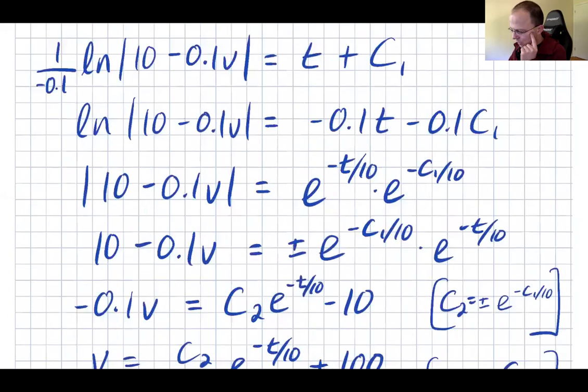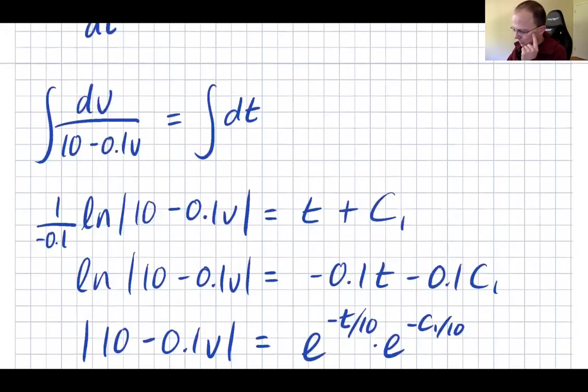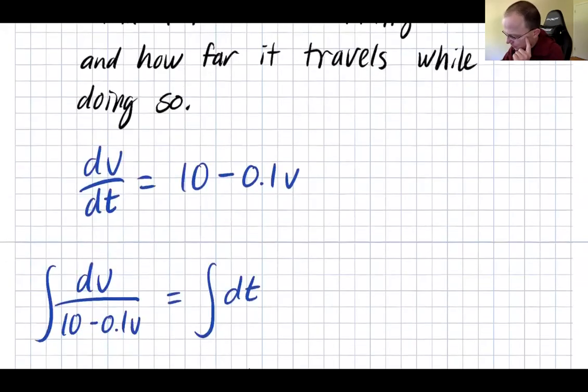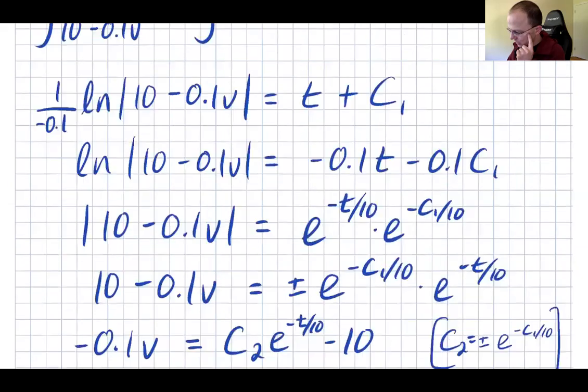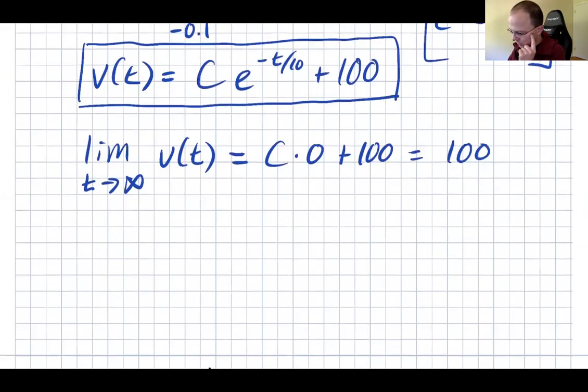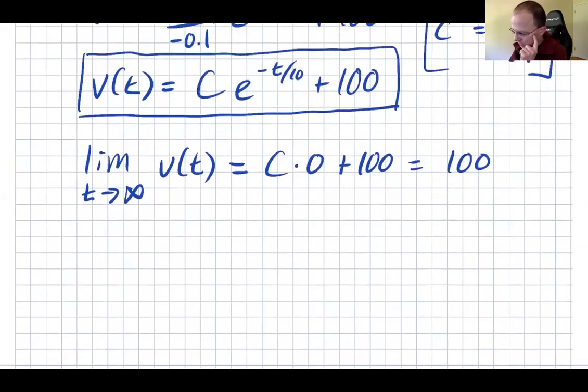So our initial velocity was 0. So let's write that in here. So v of 0 was 0. Okay, so let's put that in, and then that will give us the value of c there. So v of 0 equals 0.